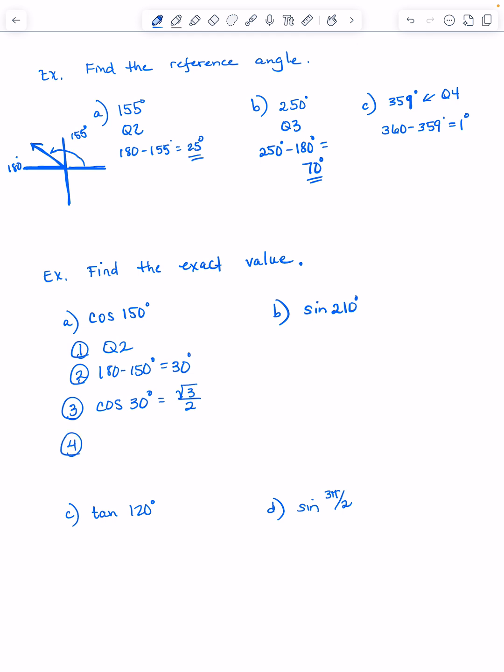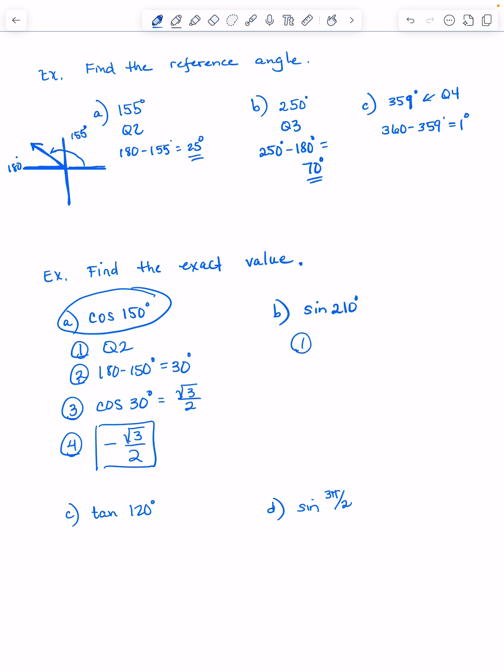That goes back to my original angle. I'm in quadrant 2, and we know that cosine is negative in quadrant 2, which means my final answer here is negative square root 3 over 2.